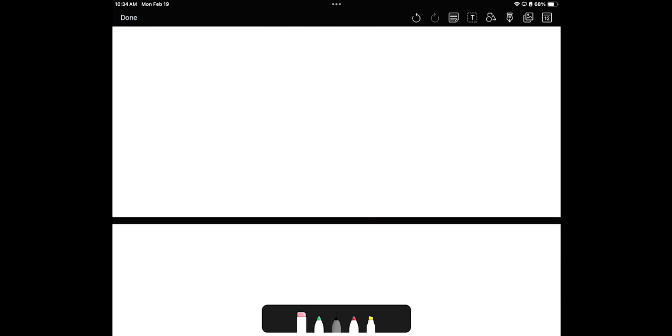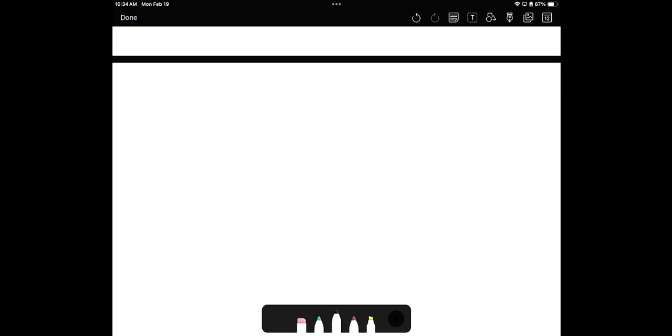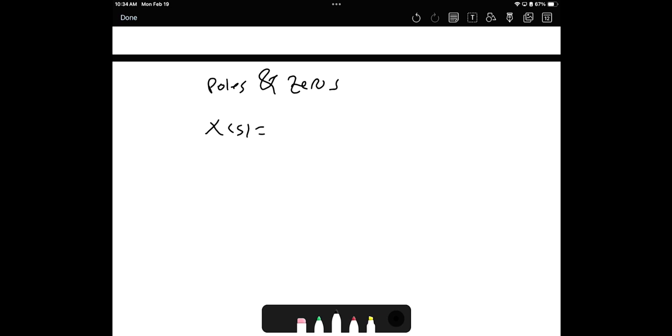Now, last lecture, I mentioned the poles and zeros. So basically, X of s equals numerator over denominator.